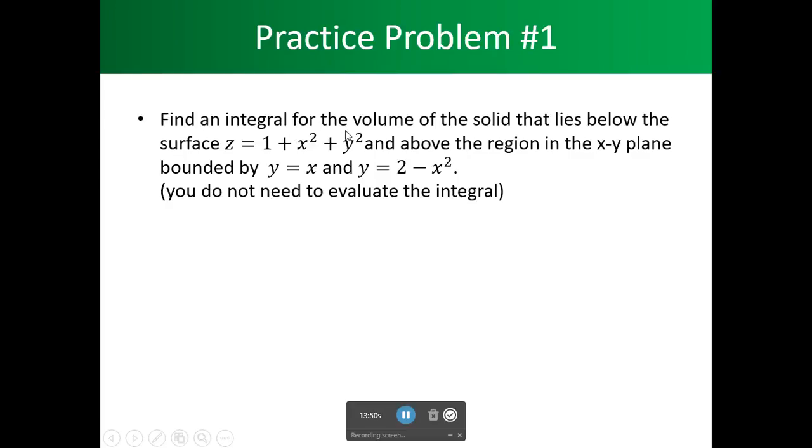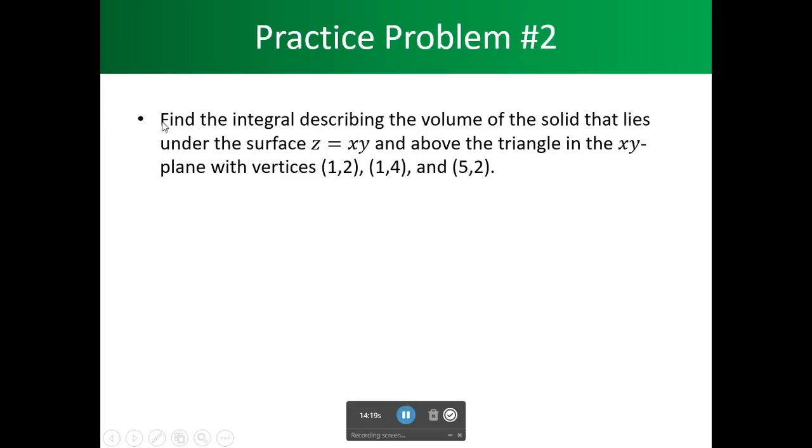Find an integral of the volume of a solid that lies below the surface z equals 1 plus x squared plus y squared, and above the region in the xy plane bounded by y equals x and y equals 2 minus x squared. You do not need to evaluate the integral. We're just trying to get you to come up with limits.